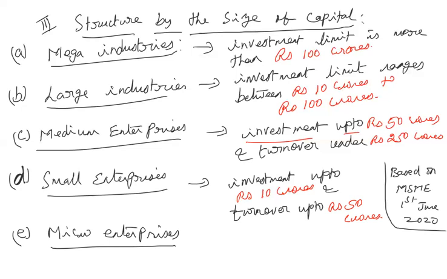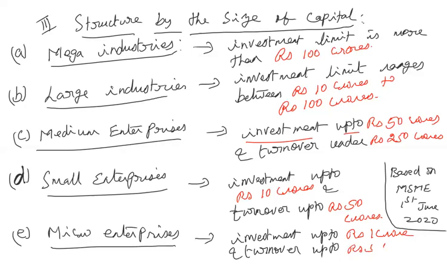So for micro enterprises, the investment limit is up to rupees 1 crore. So it's very, very small. And turnover up to rupees 5 crore.